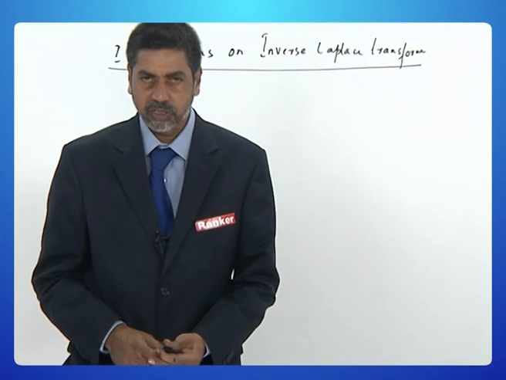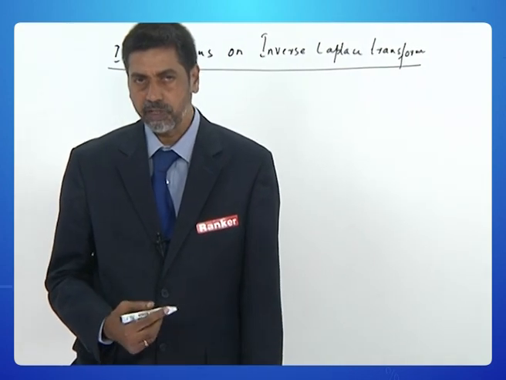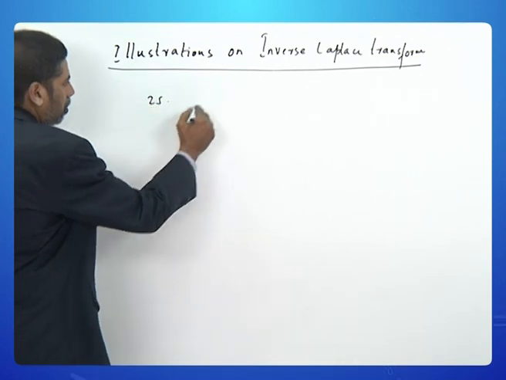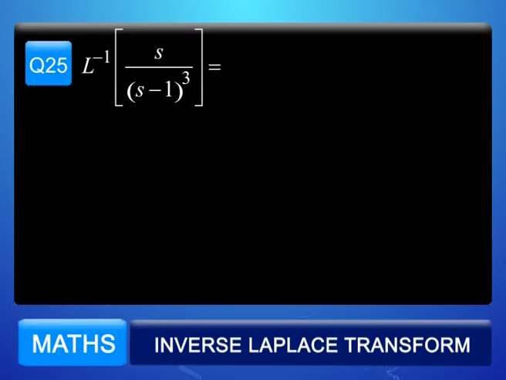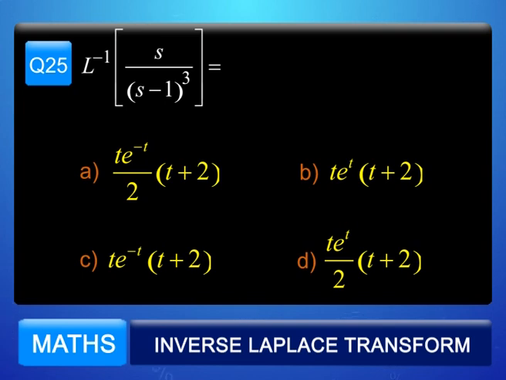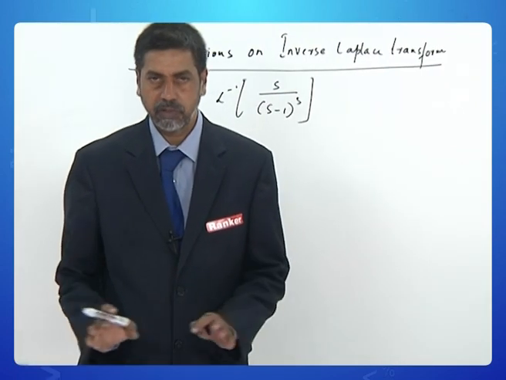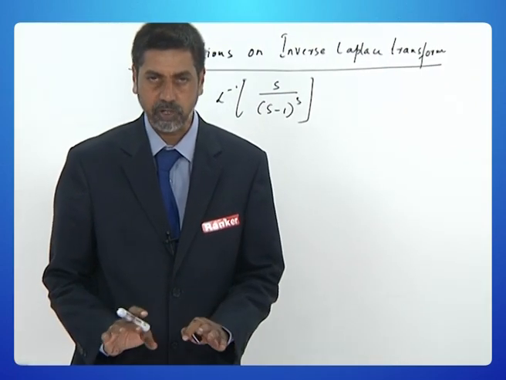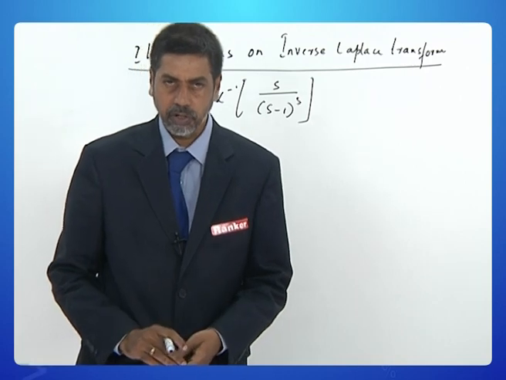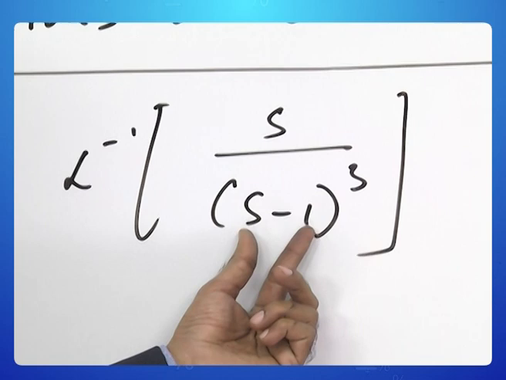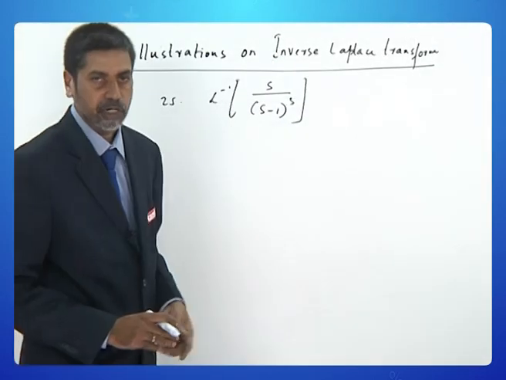Well friends, the next question I have chosen again is on the first shifting property. It says find inverse transform of s by s minus 1 whole cube. Now always remember never to expand the denominator, right? Don't use any algebraic principles to expand the denominator. So what you do is observe s minus 1 in the denominator and recreate this s minus 1 in the numerator.